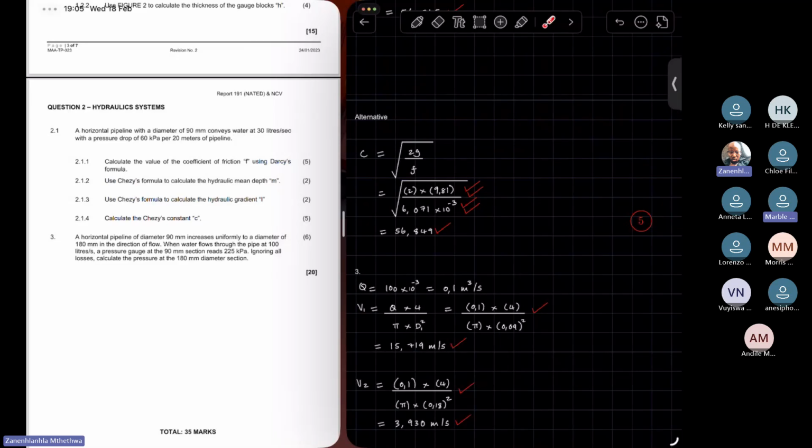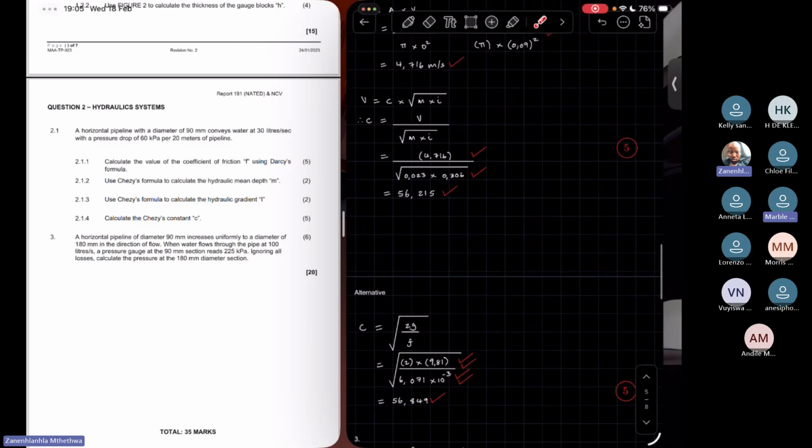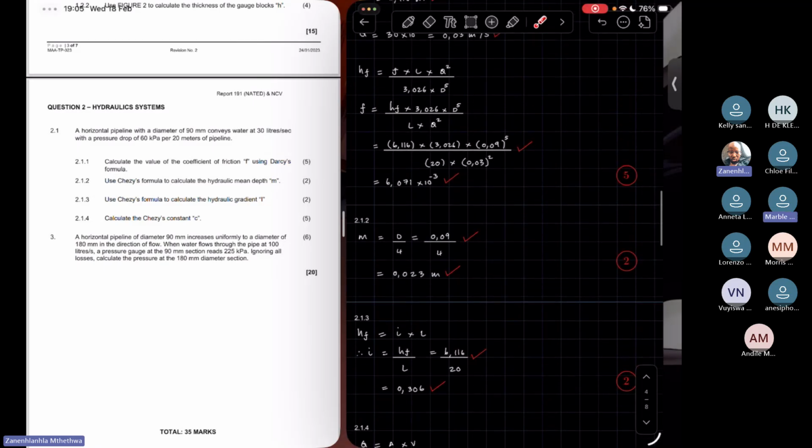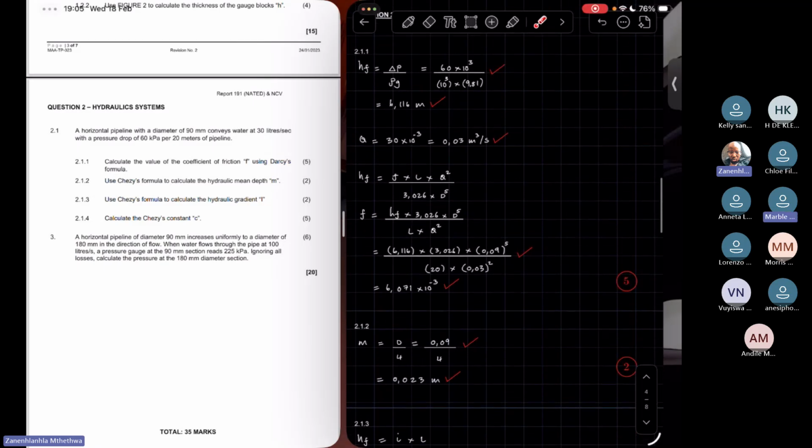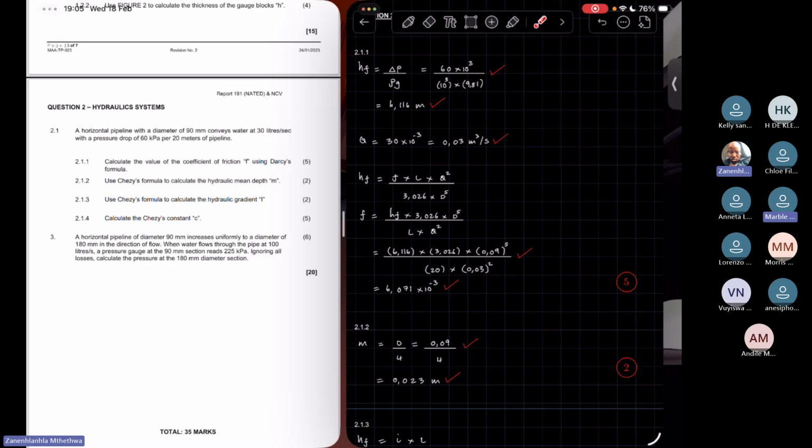I wanted to ask, on 2.1.1, when I was calculating my coefficient, I used the formula that has the velocity.